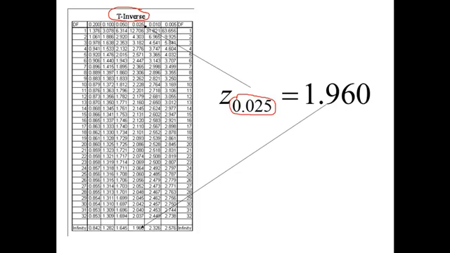You go up to that column on your table and run all the way to the bottom of it and pick off that number, which the arrowhead kind of obscures, but it's 1.960. Okay. If my beta were equal to 0.2, my z sub beta would be equal to 0.842.